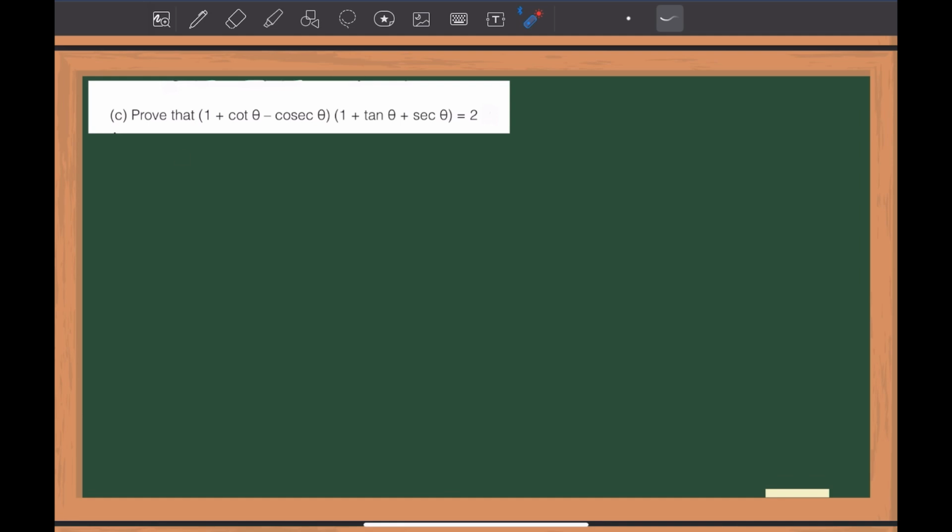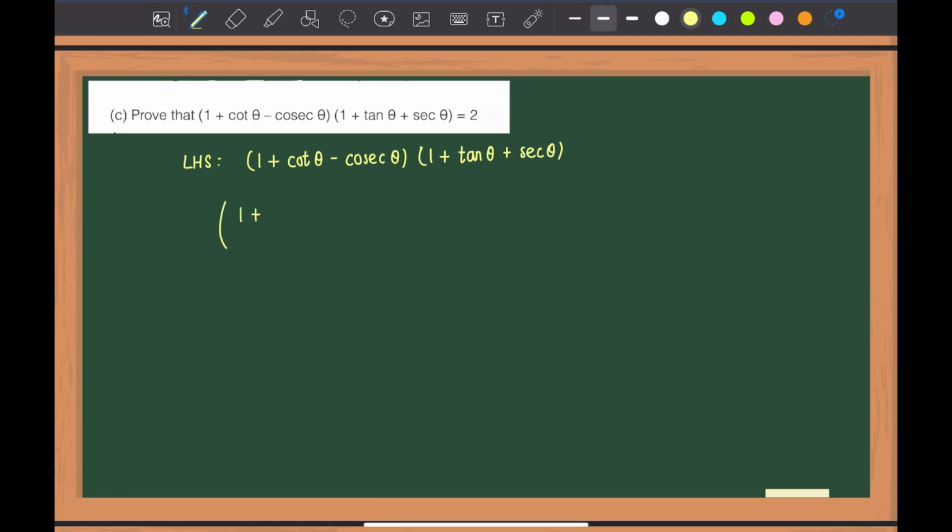So let us start with the left hand side. I have (1 plus cot theta minus cosec theta) multiplied with (1 plus tan theta plus sec theta). So I can write this as 1 plus cot, which is simply cos theta by sin theta.